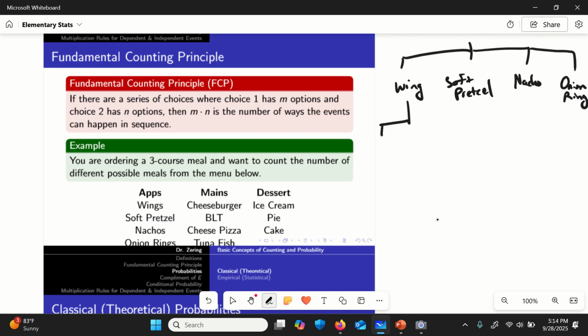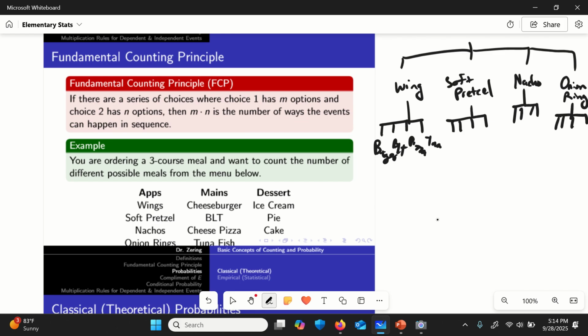So from choosing wings, there would be 4 main entrees. We'd have a burger, a BLT, we could have a pizza, we could have tuna, right? And then we'd see that same 4 options repeated for each of the nachos, the soft pretzel, the onion rings.